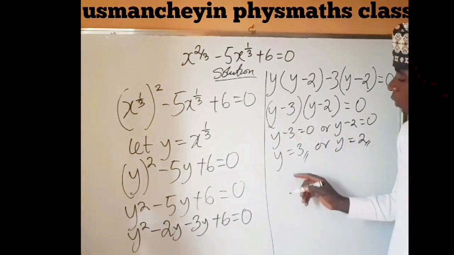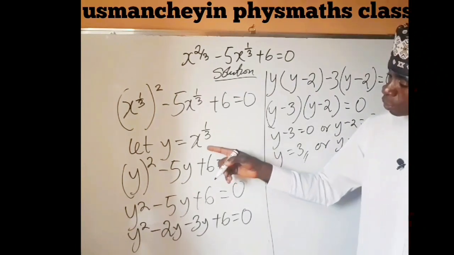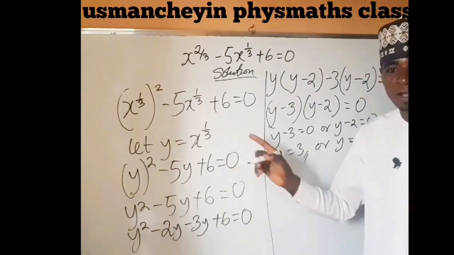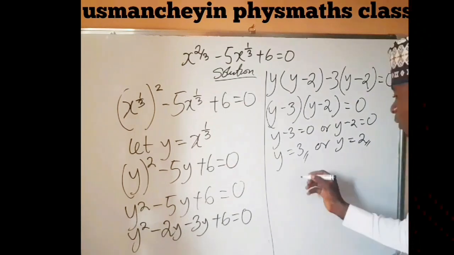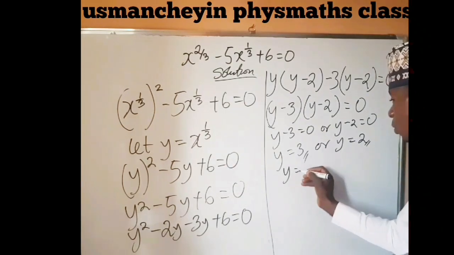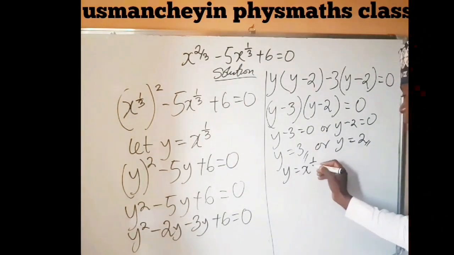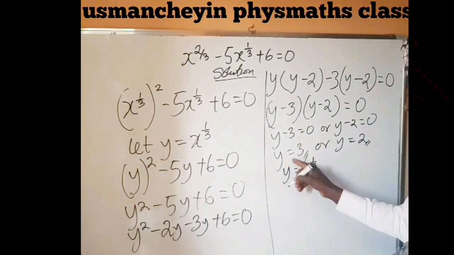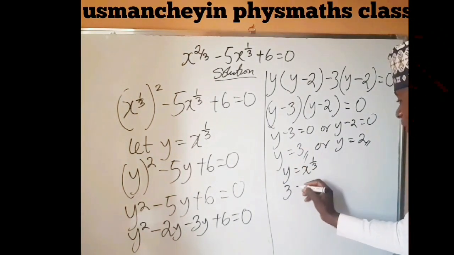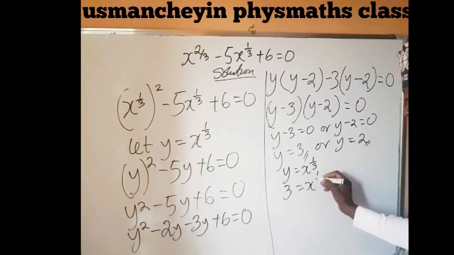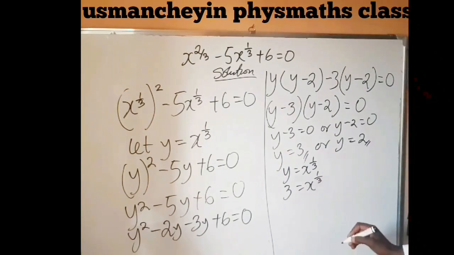But remember, y was equal to x raised to the power 1 over 3. So we take it back there. We said y equals x raised to the power 1 over 3. So substituting y equals 3, we'll be having 3 equals x raised to the power 1 over 3.